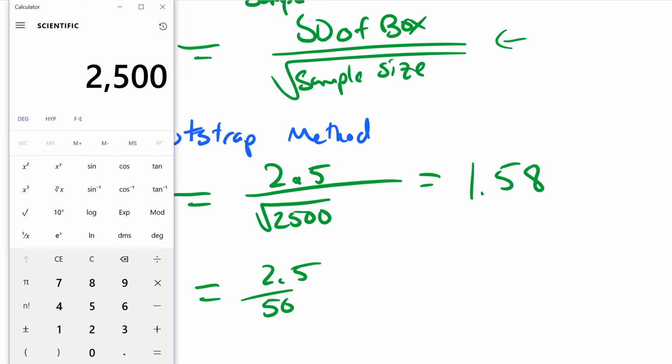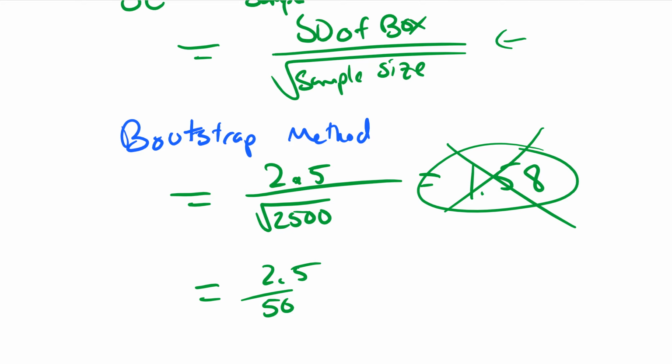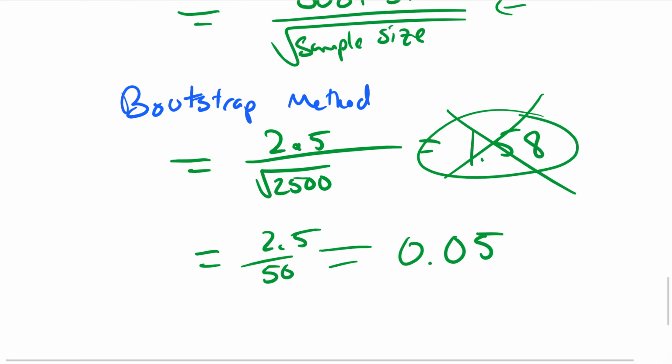So let's double check the answer here. You have 2.5 divided by 50, and that's 0.05. I'm not sure what we were calculating before, but that was wrong. So that's the standard error.